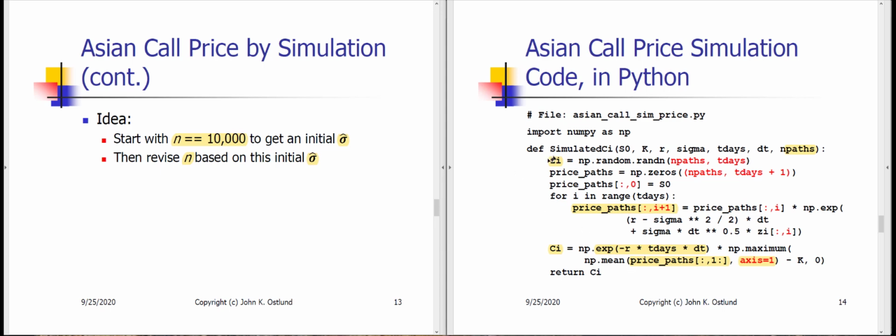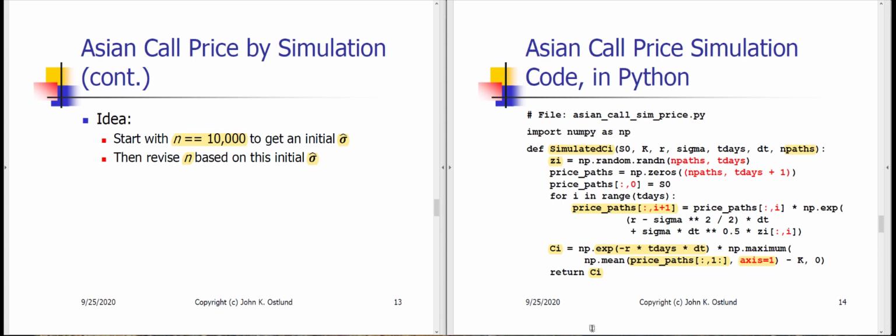And we've wrapped this code in a function named simulated CI so that we can call this function over and over again for different numbers of paths. We'll return that vector of call values when this function is done.